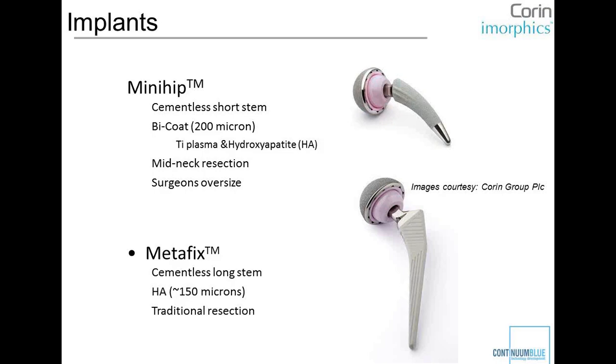In terms of the relative size, position and resection of these two types of implants, there are different sizes of mini hips. So you get mini hip 1, mini hip 2, 3, 4, and 5. As you go from the lower numbers to the larger numbers, the mini hip design gets slightly larger, and that's for different types of patients.